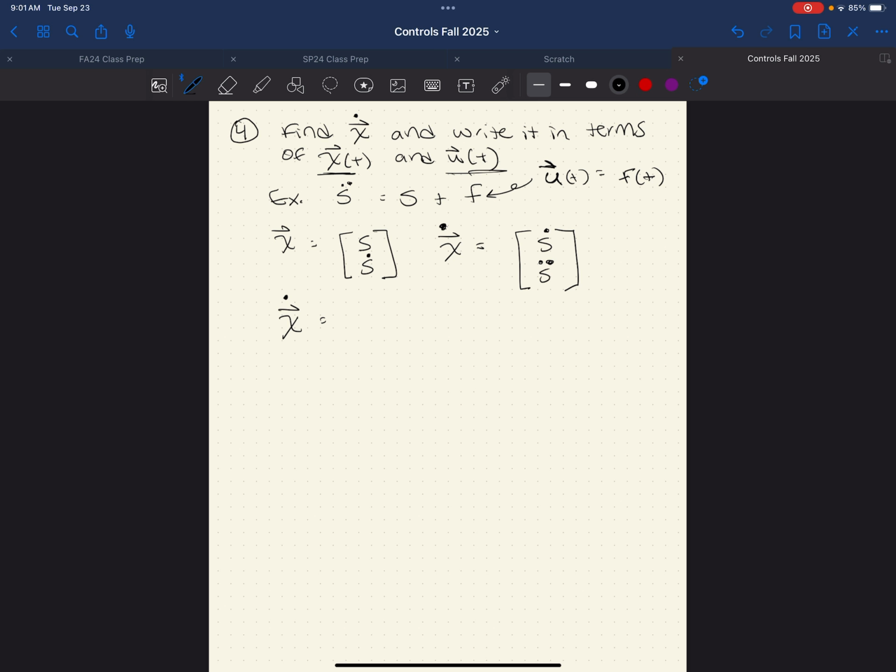So I can write x dot as some matrix times my state vector plus some matrix times my u vector, which is here just f of t. So you'll see I'm putting this into ax plus bu. So x dot equals ax plus bu is the first equation of that state space form. So I need to now figure out what goes into this A matrix and what goes into the B matrix.